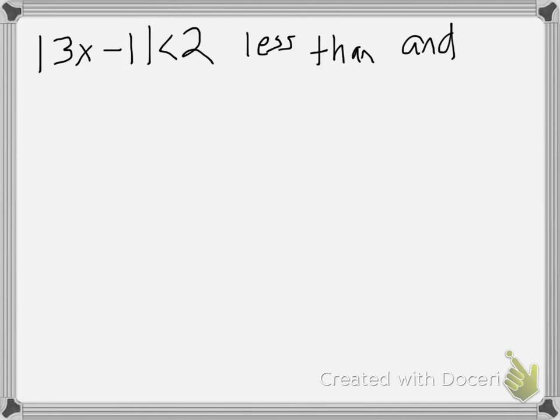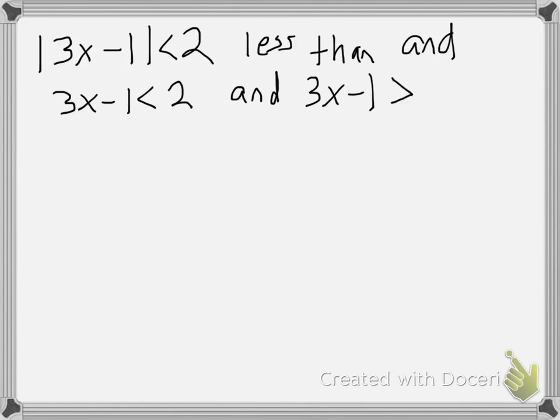So that means that I have, this is the way that I've always read this, 3x minus 1 is less than 2, and 3x minus 1, notice that I left the stuff that was in the absolute value sign alone. I flip this and change the sign. So 3x minus 1 is greater than negative 2. So how does that get written? Negative 2 is less than 3x minus 1, which is less than 2.